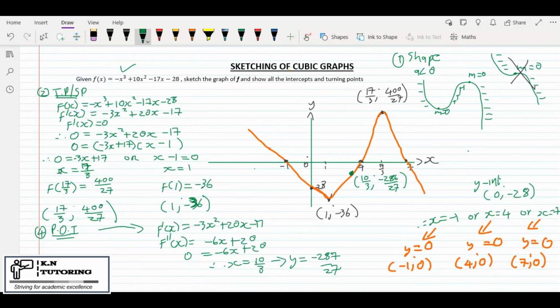So yes, grade 12, that's about it in terms of sketching cubic graphs. It's an involved subtopic of differential calculus. It needs you to focus and to know all your steps. It needs the important concepts of functional notation, which is why it was important for me to start these lessons on functional notation.